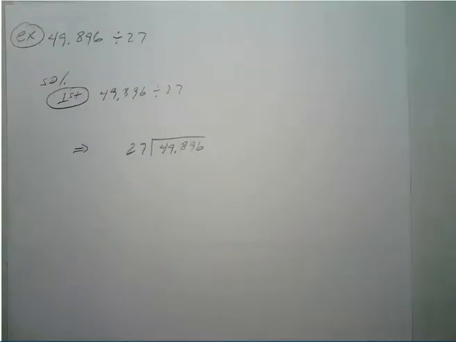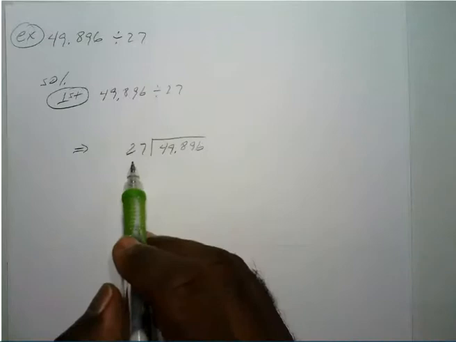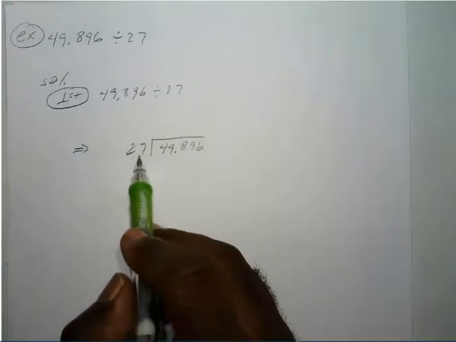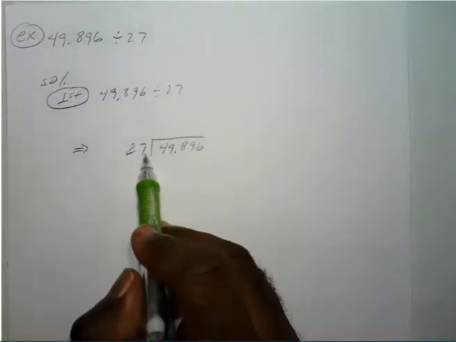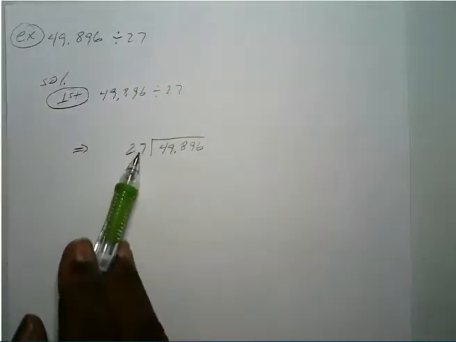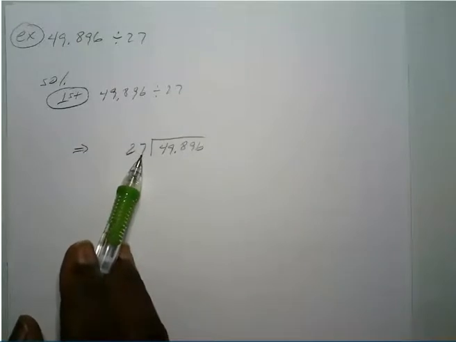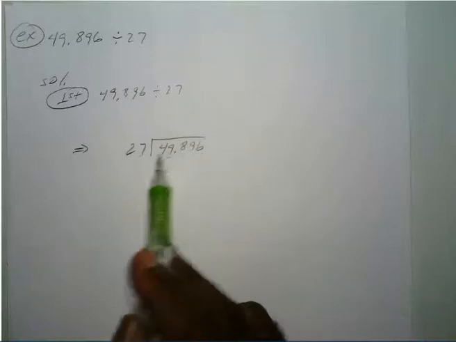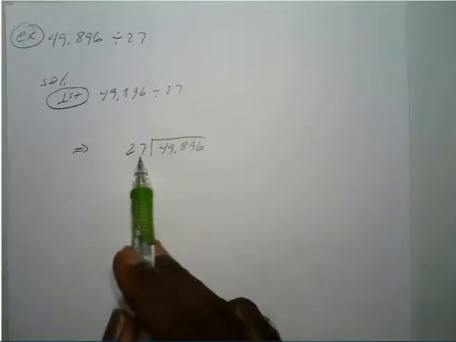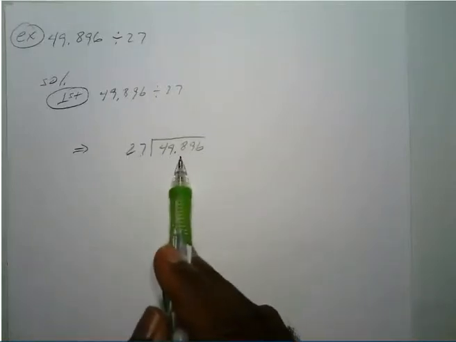Now what you want to notice is your second step: you want to move the decimal of your value on the outside of the bracket over until it's a whole number. Because this is already a whole number, we don't have to move any decimals. So this stays the same. Which means if this has no decimals that need to be moved, neither does this.